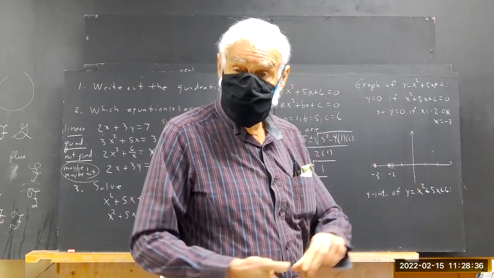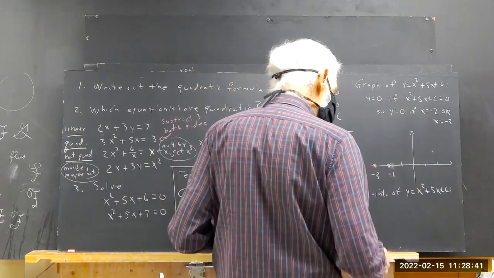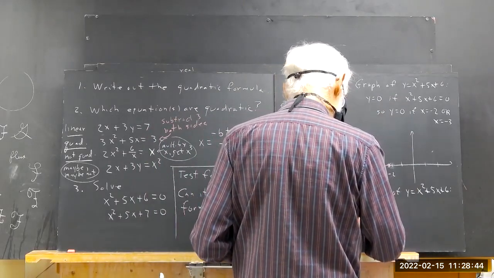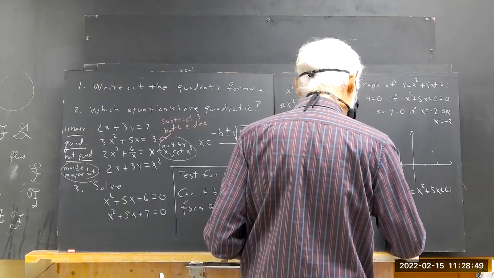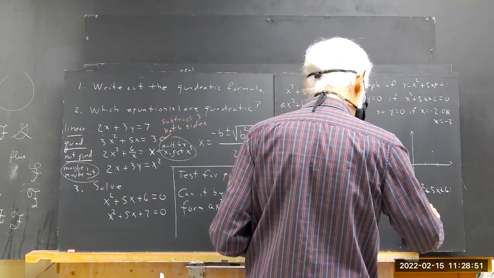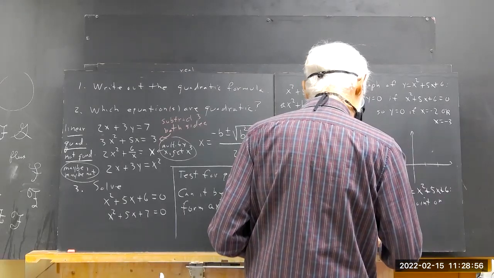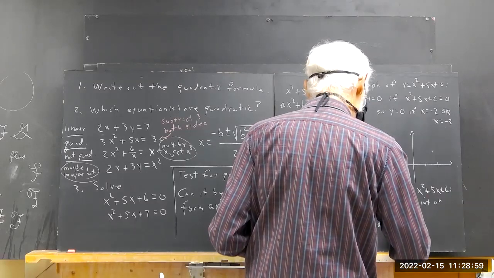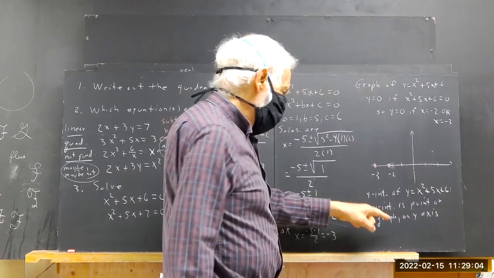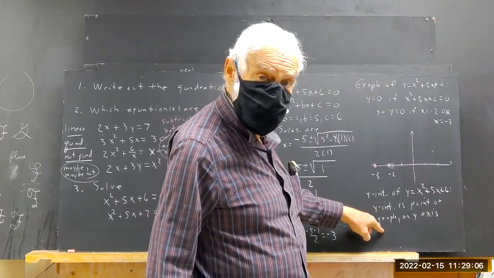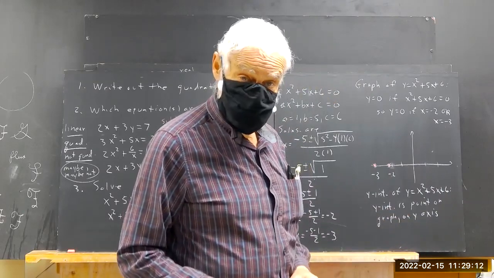So this is something you're going to need real quick. Y-intercept: it's a point that's number 1 on the graph of the function. Number 2 is on the y-axis.